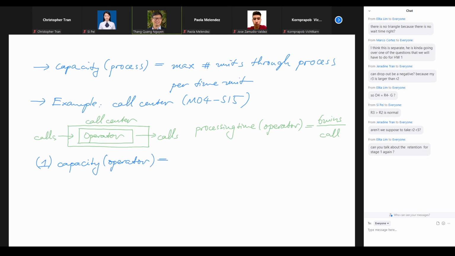Right, so I would like everybody in our class to try this and share your answer in the chat window. So what is the capacity of this operator? How many calls can this operator handle in 1 hour? So that's the question. Please try and share.